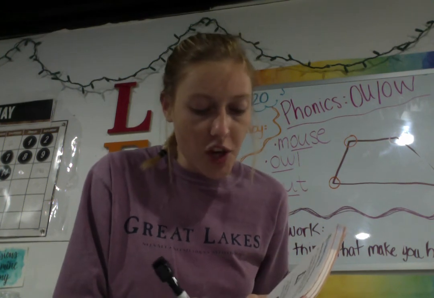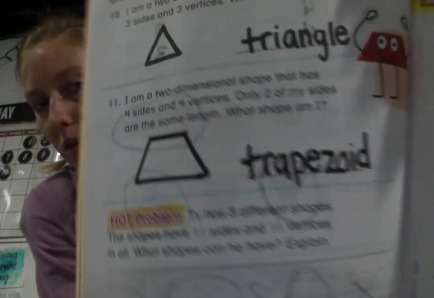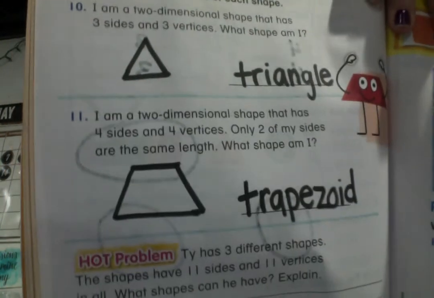Because lots of shapes have 4 sides and 4 vertices. Go ahead and copy that down. But a trapezoid is the only shape where only 2 of its sides are the same length, and it fits that description.